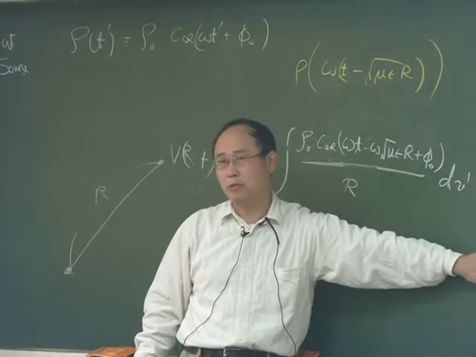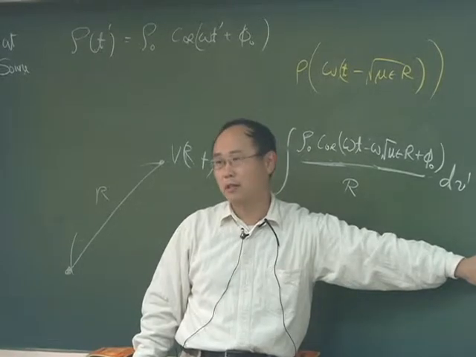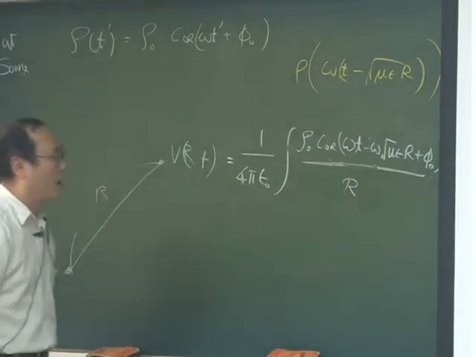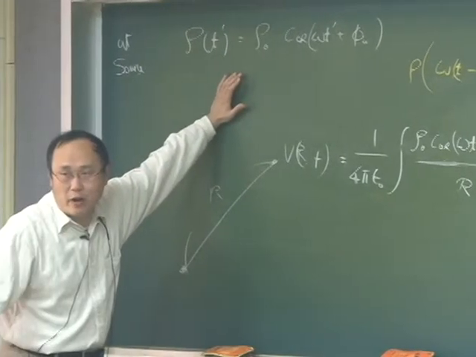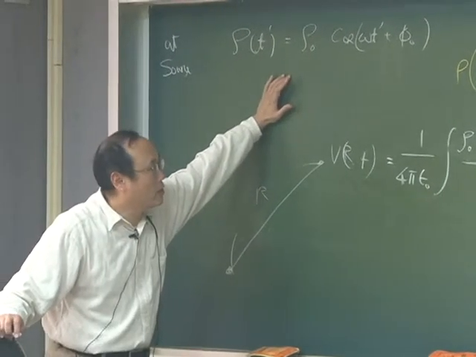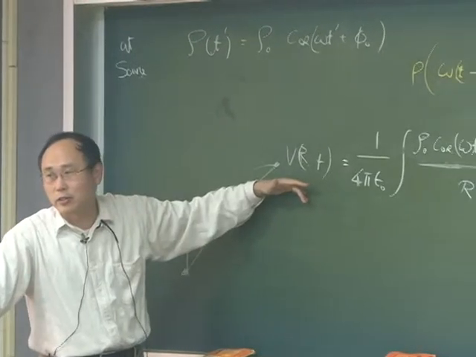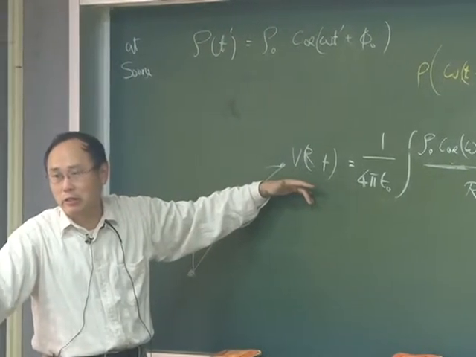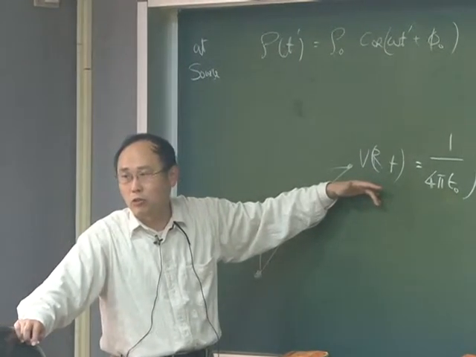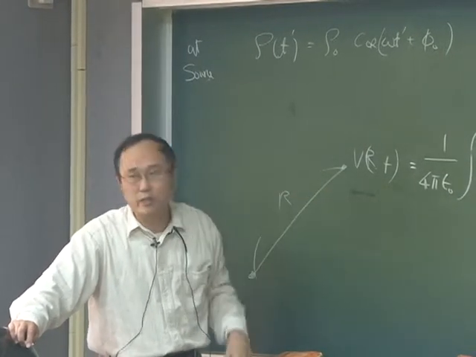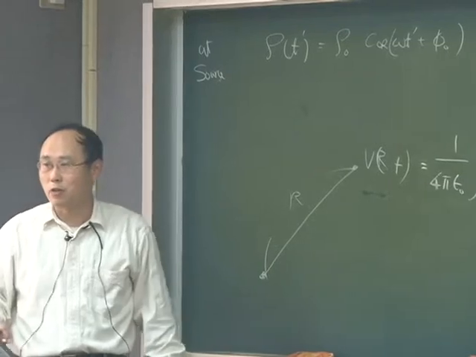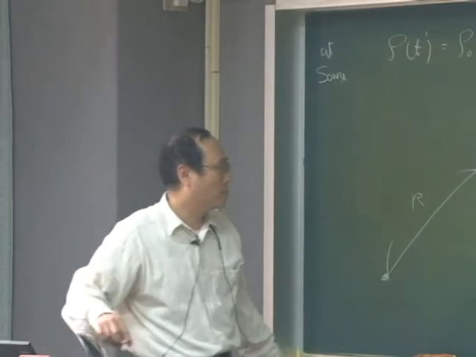Okay, so step by step, it comes about this way. And you know that if you have a harmonic oscillation to start with, your field, your potential, is going to be also a harmonic function. So we can express this in phasor form.